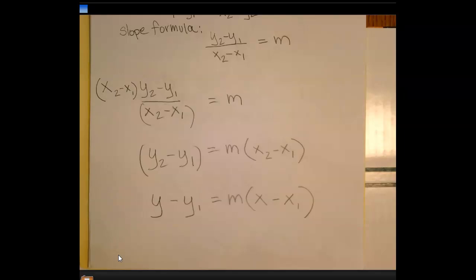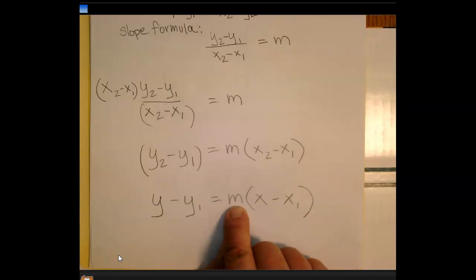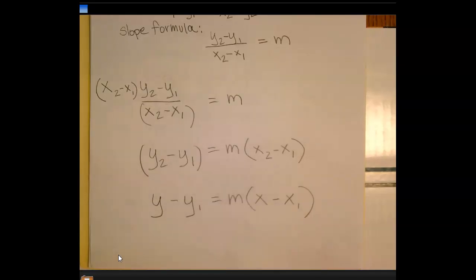We don't have to do anything else to it right now. We plug in a point off of the line and the slope, and there you have it. You could find any other point on that line from this formula.